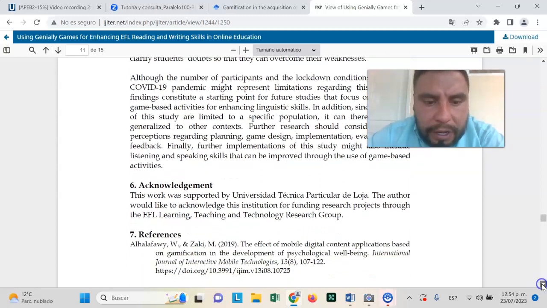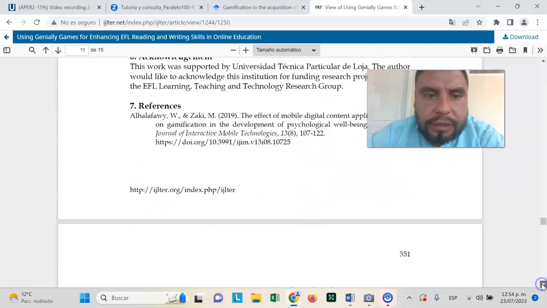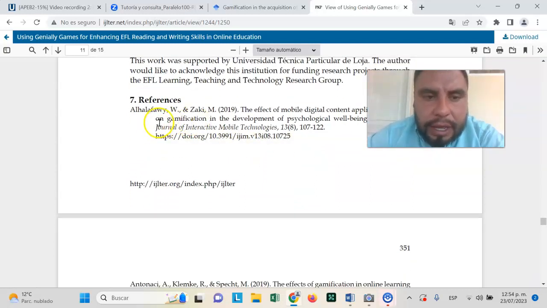And finally, we have the references in APA style. This is a kind of APA style where we have the last name of the author, the year, the name of the resource or article, and some italic words.